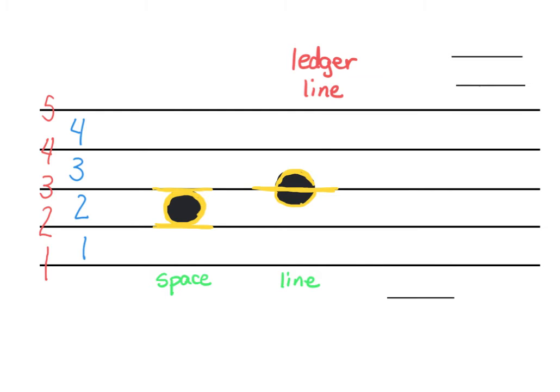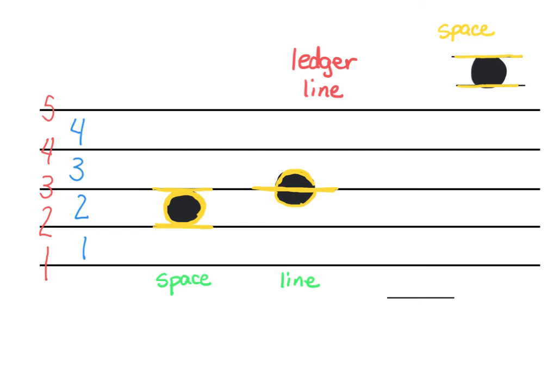If I were to draw a note that's inside a space up here, it would still be inside the line. I'm cleaning it up a little bit because my pen is a little bit thick. But this note right here has a line that is above and below. So this note, even though it's on a ledger line, it would be a space.